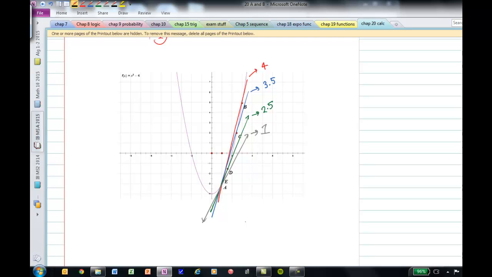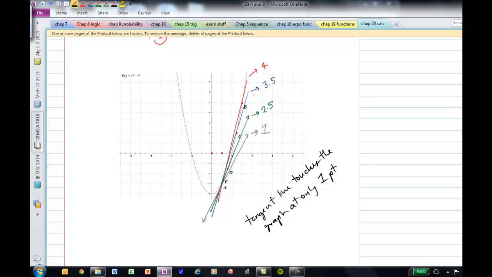So let me be specific about a tangent line. A tangent line touches the graph at only one point. So a tangent line is only going to go through one point of the curve at a time.